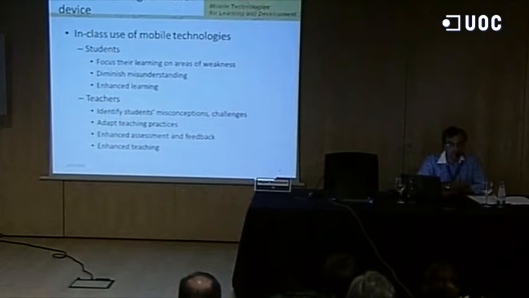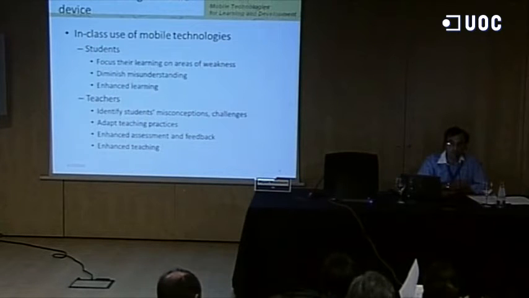Because when we are in the class, sometimes we think that we understand the concept, but when I go home and try to study that subject, I am left with some doubts about the concept. So it helps diminish misunderstanding and, of course, enhance learning.